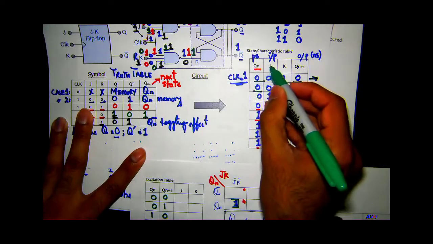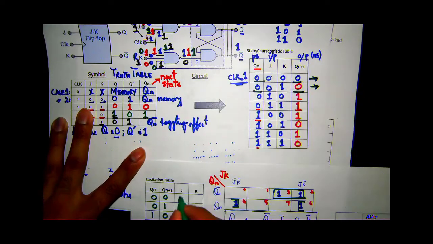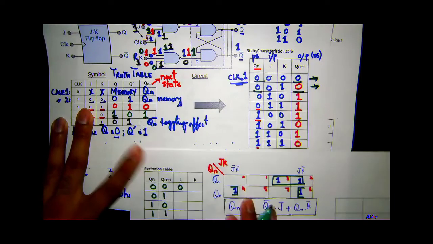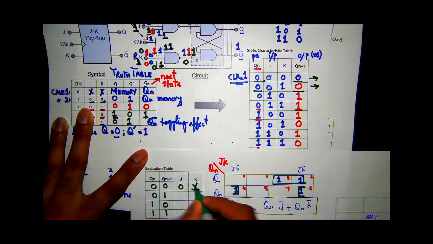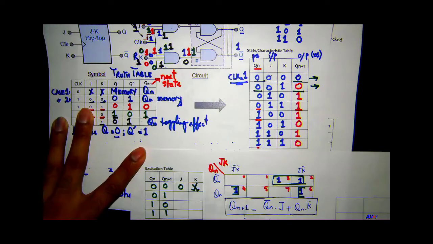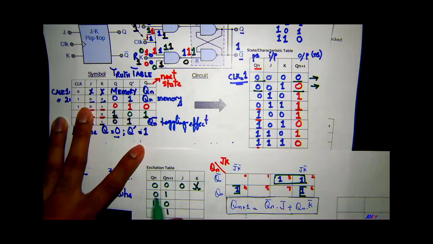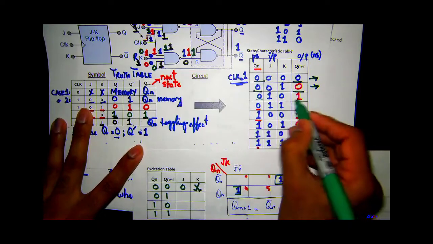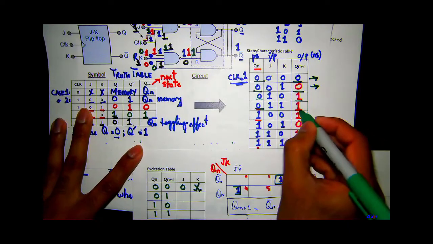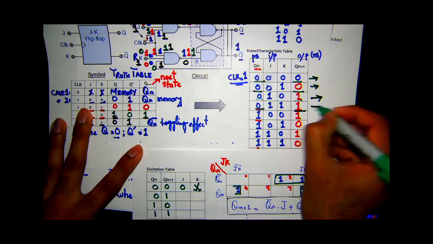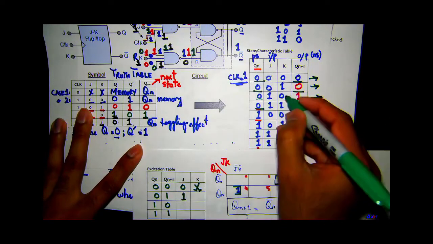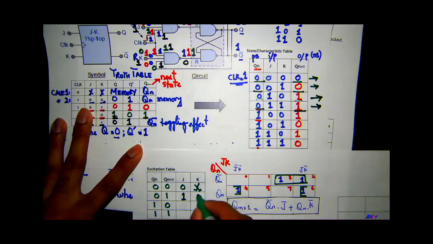So look at J. J is 0 in both cases, so we put J 0. K is 0 and 1, so we put it as don't care, which means it could be 0 0 or 0 1. Similarly, we do it for 0 1. We got these two cases here. J is 1 in both cases, and here K is 0 and 1, so again don't care.